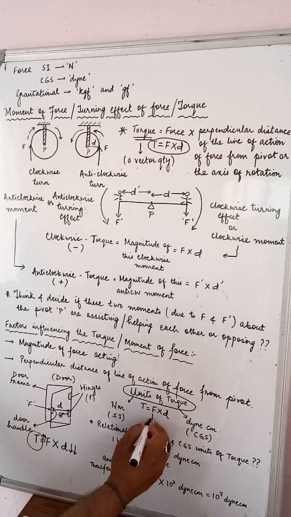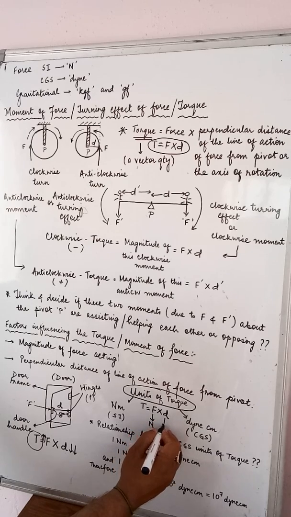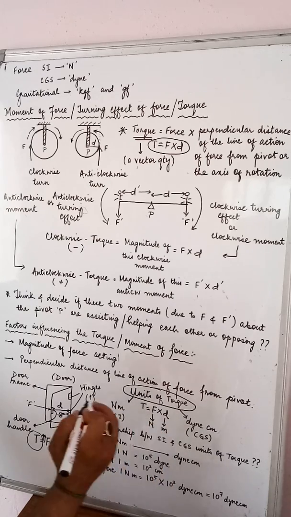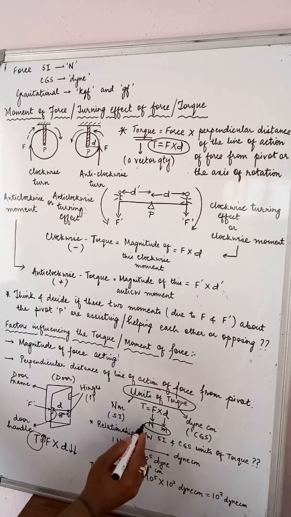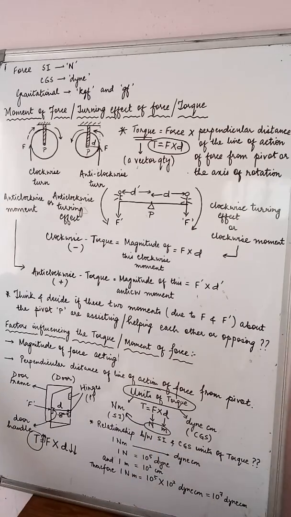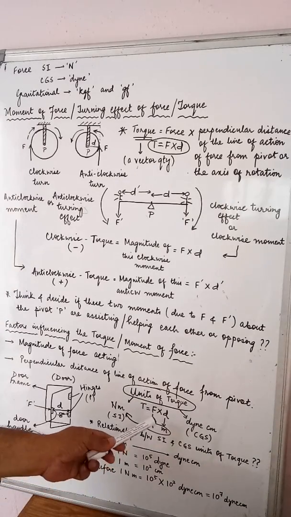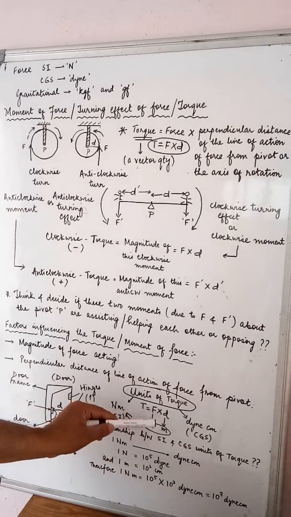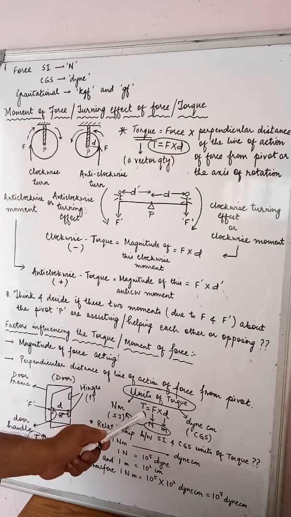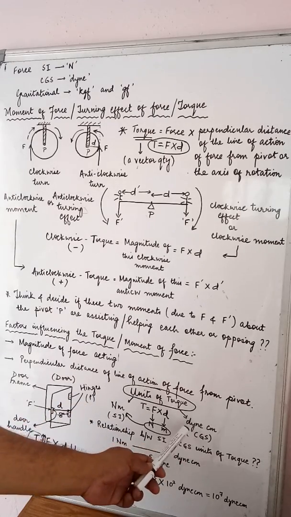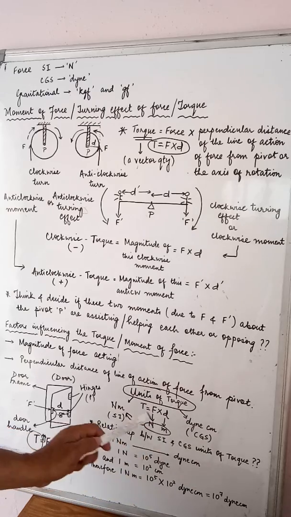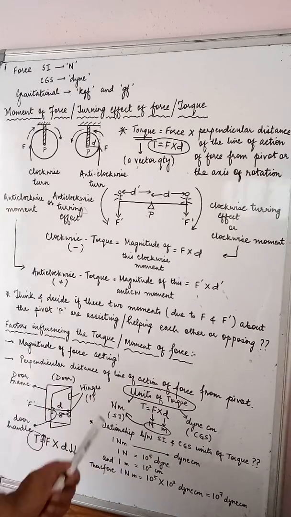The SI unit of force is newtons and the SI unit of distance is meter, so that is how we get the SI unit of torque, Newton meter. Similarly, the CGS unit of force was dyne and the CGS unit for distance was centimeter. Therefore, dyne centimeter is the CGS unit for torque. Please remember these two units.